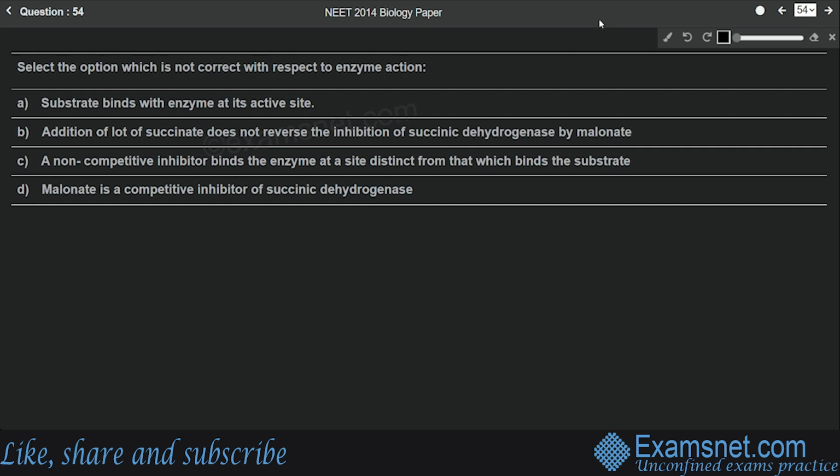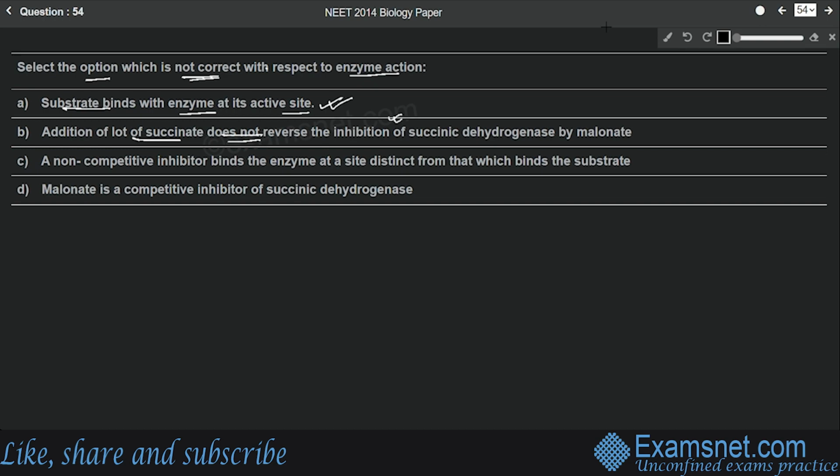Question number 54 is from the chapter Biomolecules, and the question is, select the option which is not correct with respect to enzyme action. So the first statement says substrate binds with enzyme at its active site, which is a correct statement. Then the second statement says addition of a lot of succinate does not reverse the inhibition of succinic dehydrogenase by malonate.